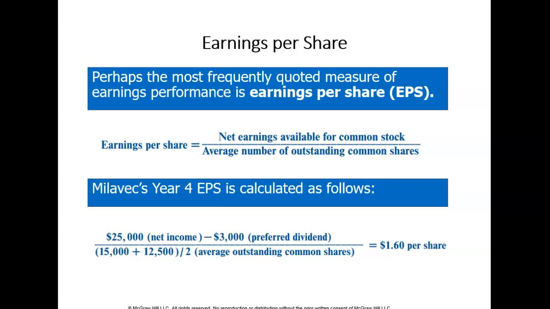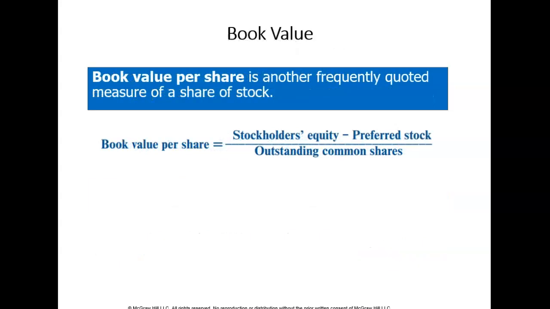Now, this is not saying they're going to pay you $1.60 for every share you own, but on paper, because you are part owner of the company, this is showing your portion of the profit that you earn by being a shareholder of this company. So the higher the earnings per share, it means that company is more profitable and they probably will be a good company to invest in.